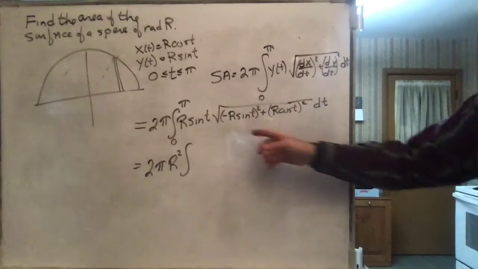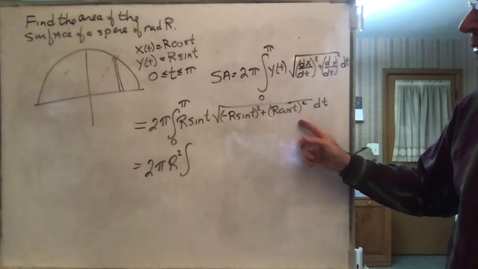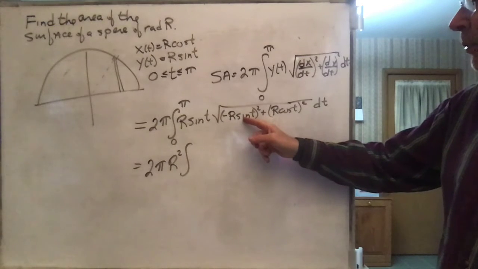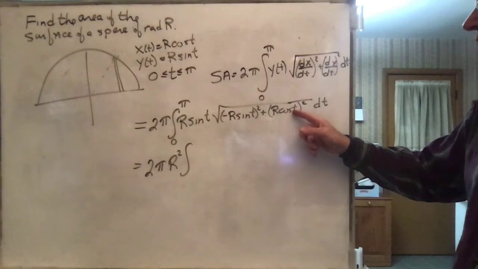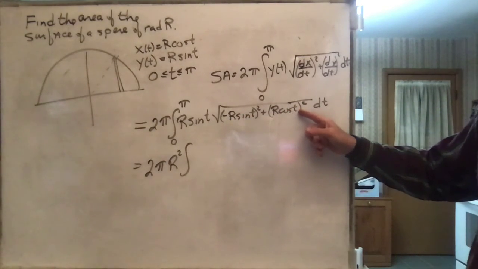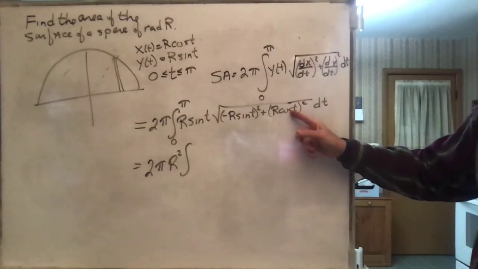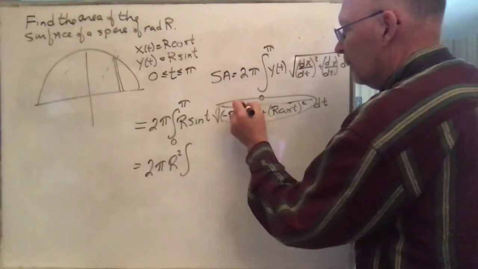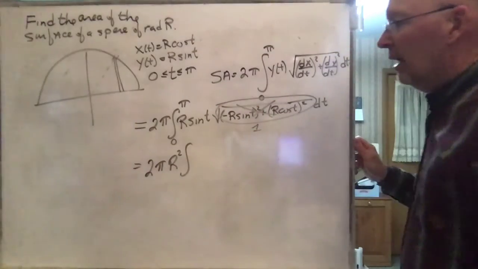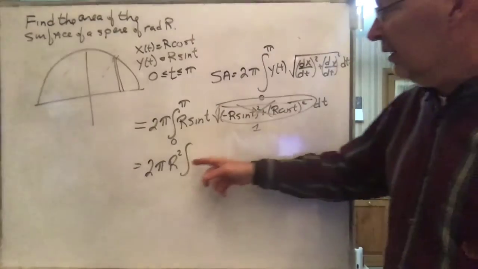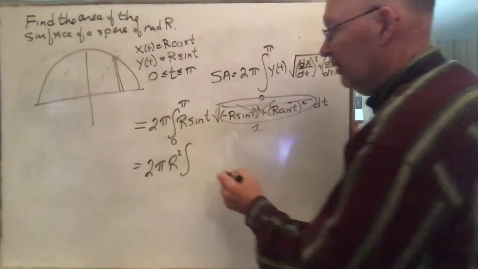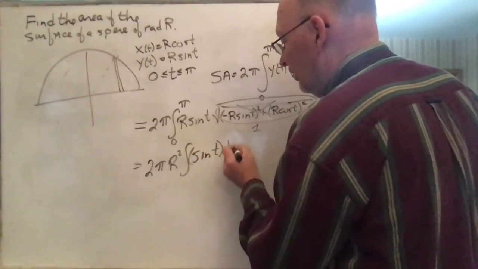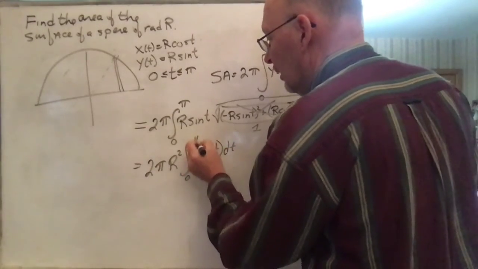Once I factor all those r's out, the square makes this negative go away, and I'm going to end up with sine squared t plus cosine squared t. Sine squared plus cosine squared is equal to 1. So after factoring the r out, this whole thing just becomes a 1, and I can disregard it, and all I have left is the sine of t dt from 0 to pi.